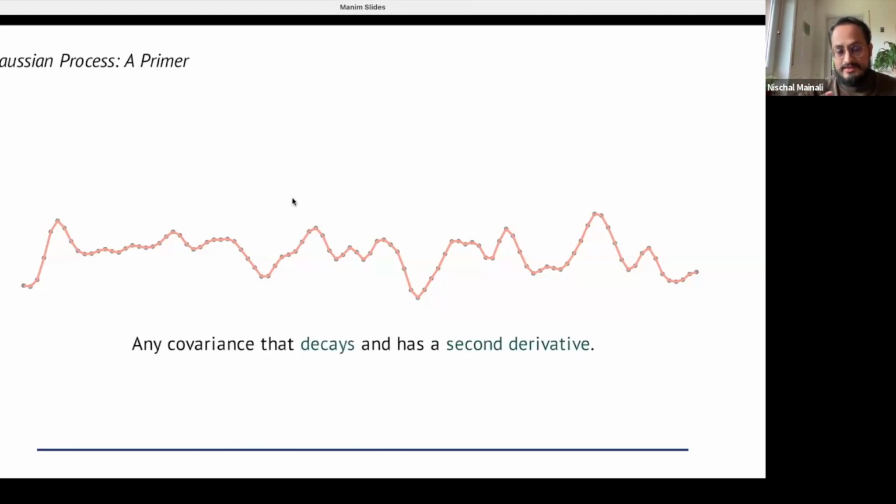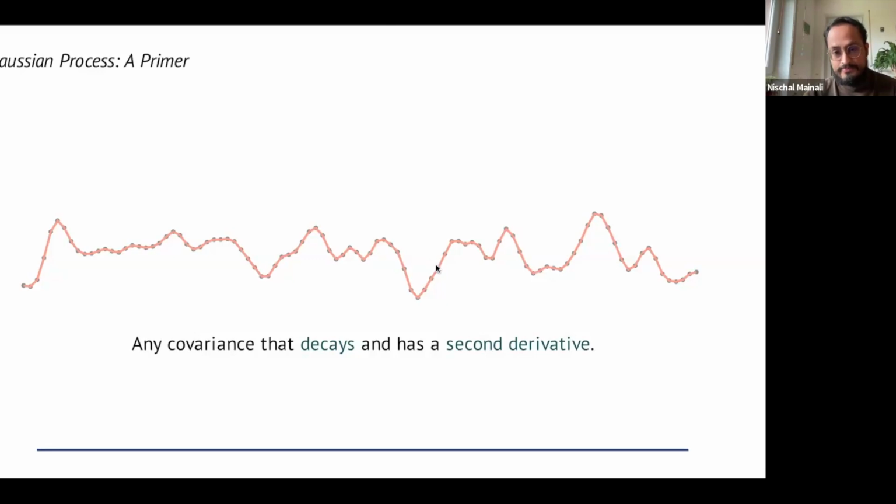that the covariance that we can choose is very general, as long as the covariance function obeys two mild properties. First, that it decays, meaning that a point in some location is not correlated to a point very far away from it, and second, a covariance function that has a second derivative. So this is a technical regularity condition, but it's simply to avoid the situation where our Gaussian process is something like a Brownian motion or Ornstein-Uhlenbeck process, where we cannot define a derivative.